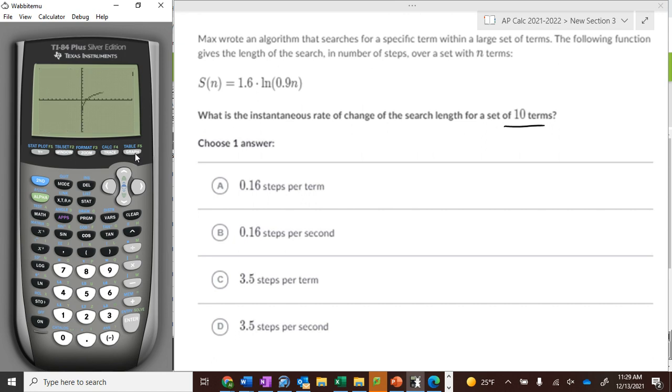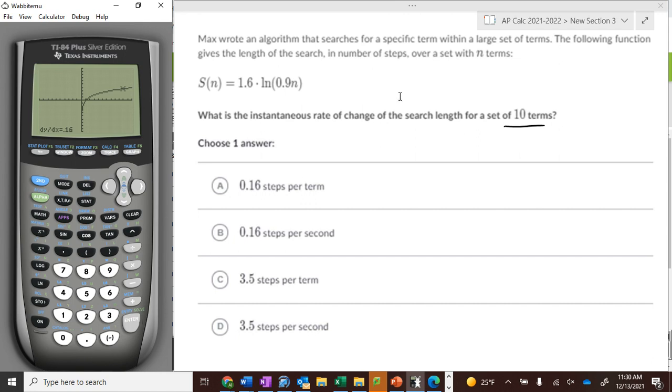So there it is. Okay, so then we go second trace, and then dy dx. And where is it at? Instantaneous rate of change at 10, so we can put in a 10, and we get 0.16.